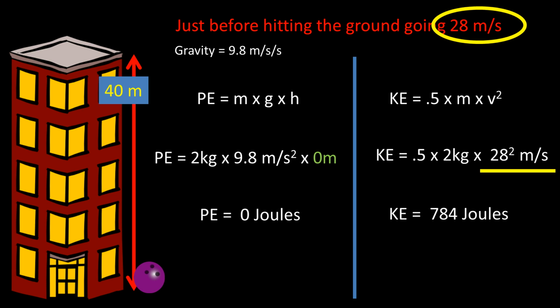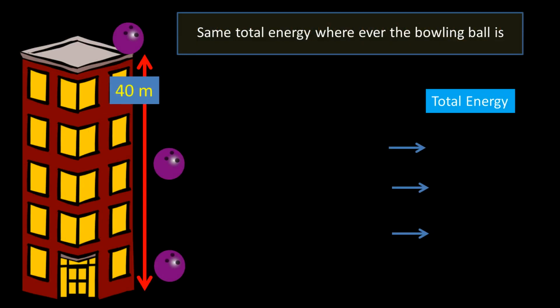So to review our answers, we find out that the total energy, potential and kinetic, will always be equal. So when the ball was at the very top, we had 784 joules of potential energy and no joules of kinetic energy, and the total energy was 784.